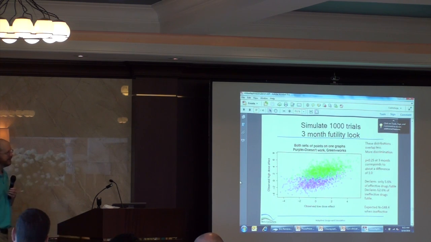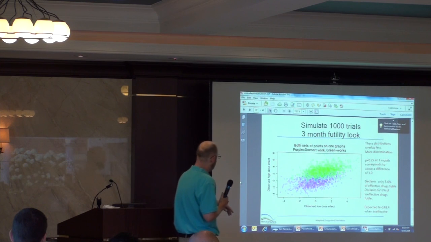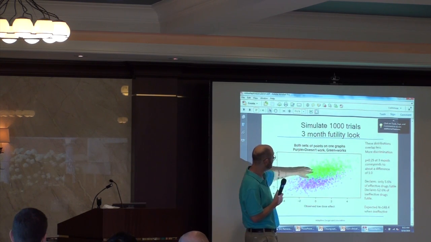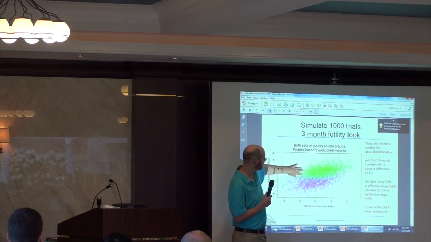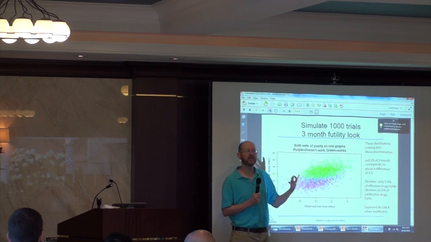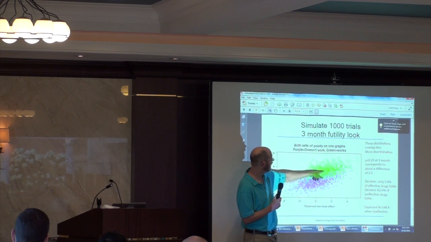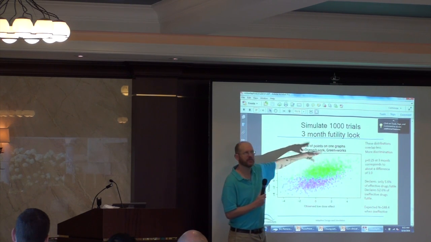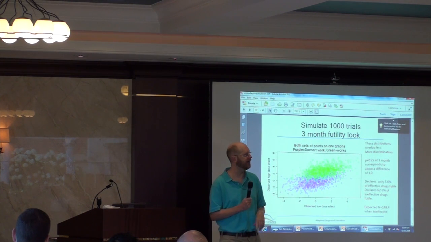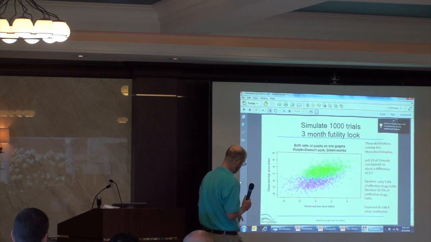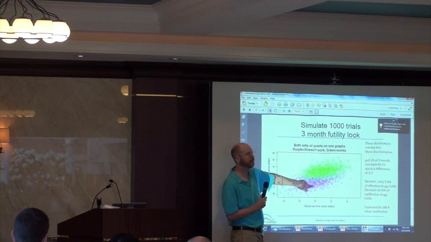So at 3 months, this is what the situation looks like. If I consider the range of variation, these are good drugs, and I've simulated 1,000 trials. So in truth, they're at 1 and 3, and then of course there's still variation. Some of them are high, some of them are low. The bad drugs are still in purple.